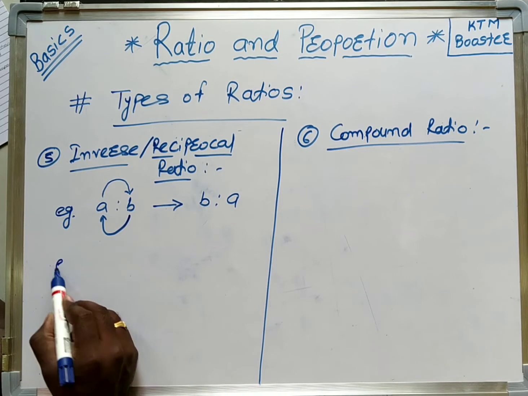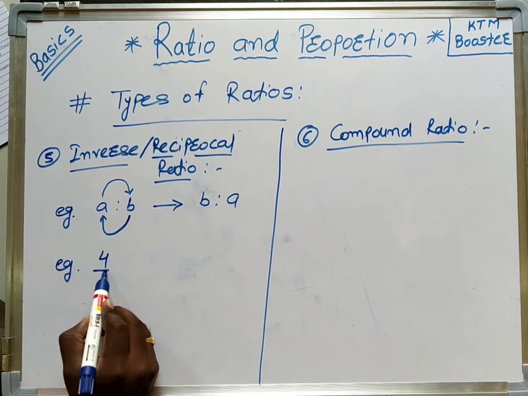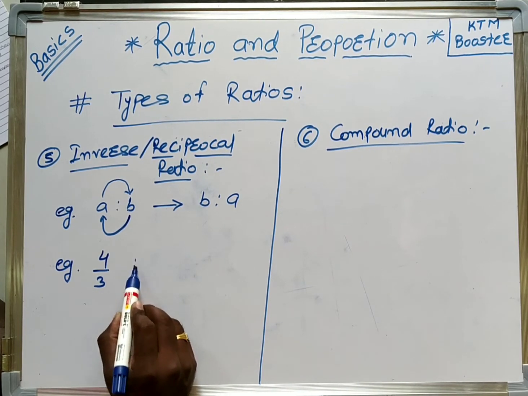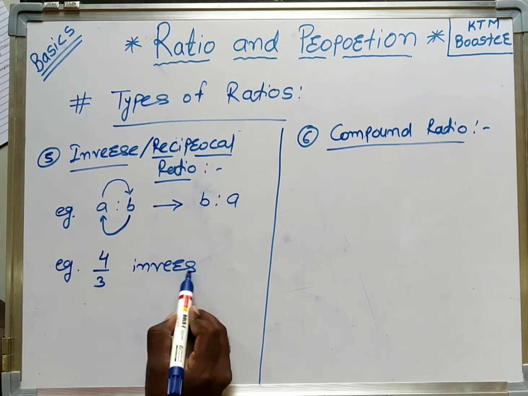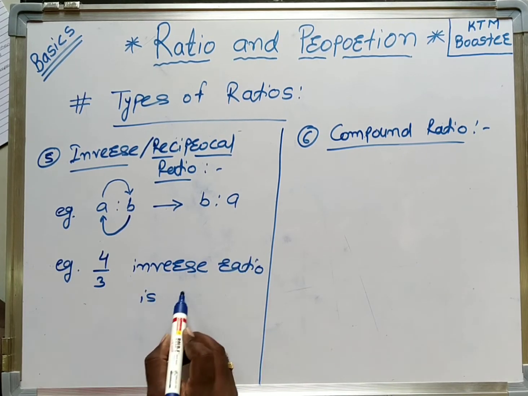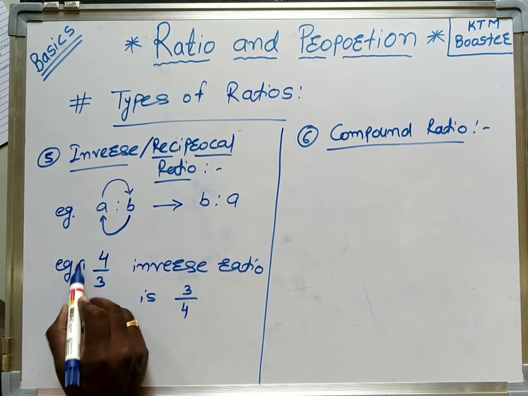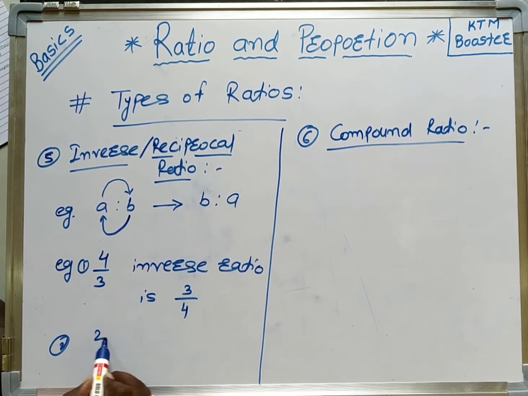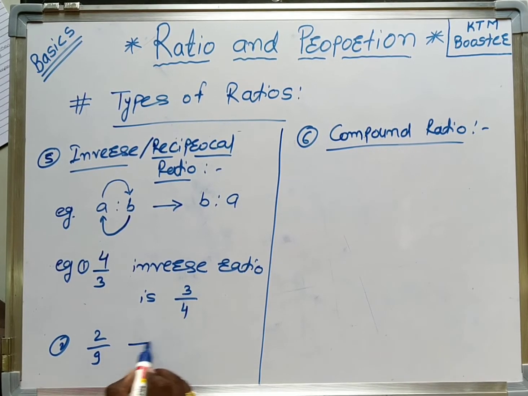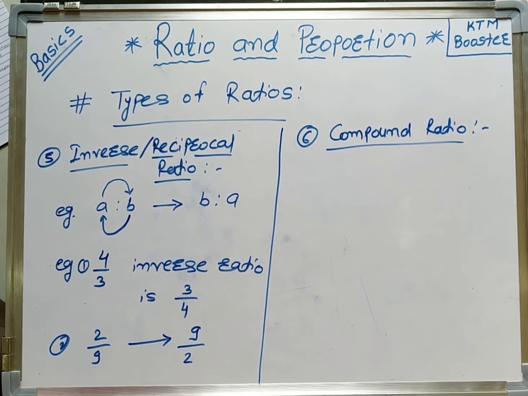For example, if 4 by 3 is the ratio, the inverse ratio is 3 by 4. That is the first example. Second example, if we take 2 by 9, then the inverse ratio will be 9 divided by 2, isn't it?